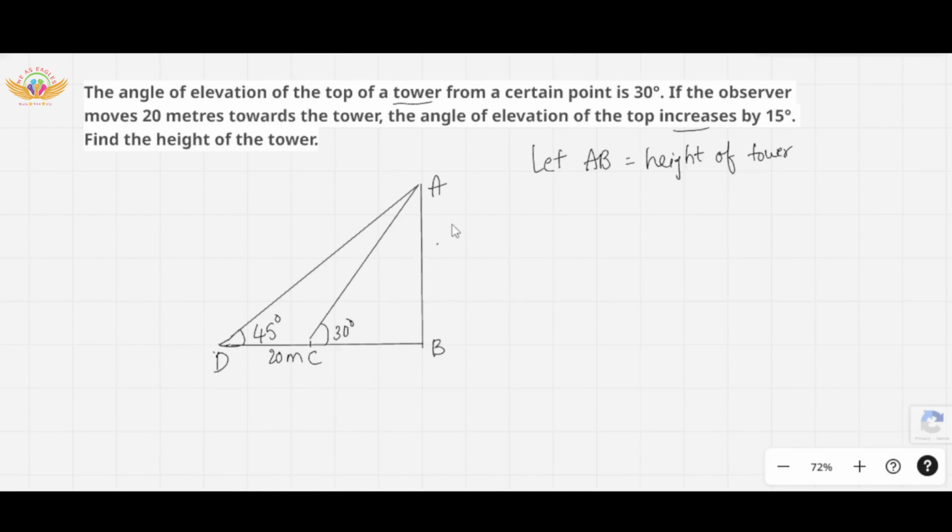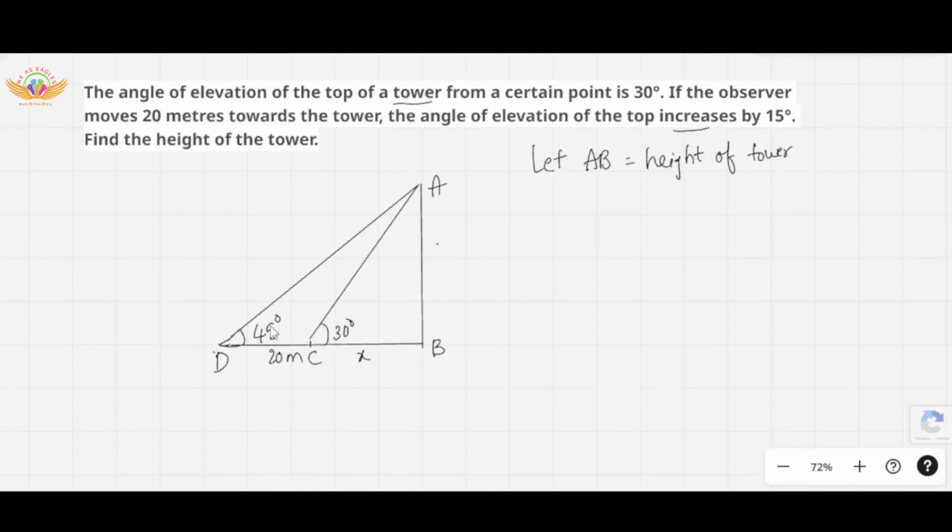To get AB, we again go with two equations: tan 30 degrees first and tan 45 degrees next. CD is 20 meters, so what will be CB? I'm assuming CB as x.